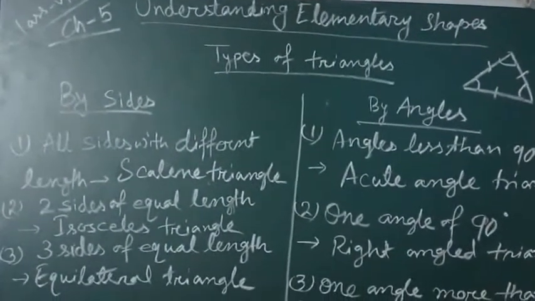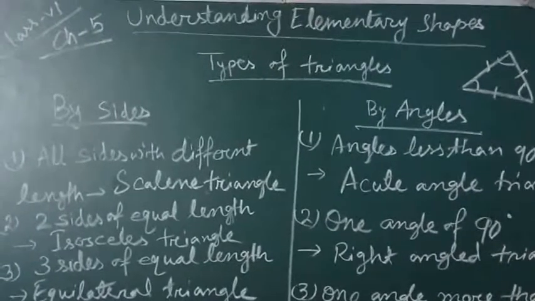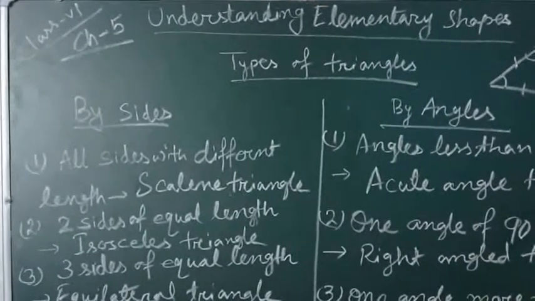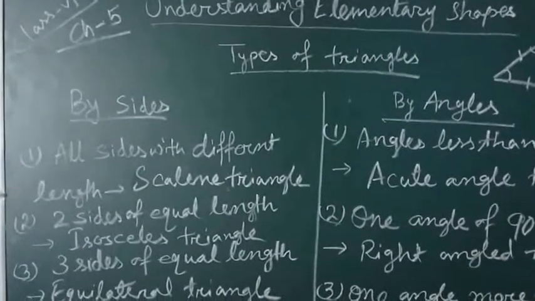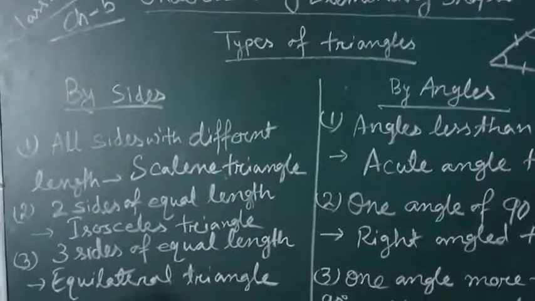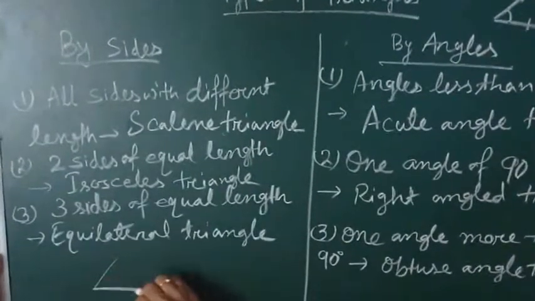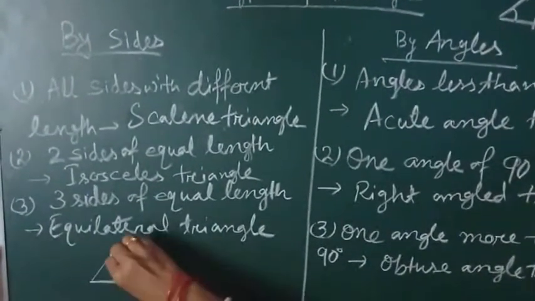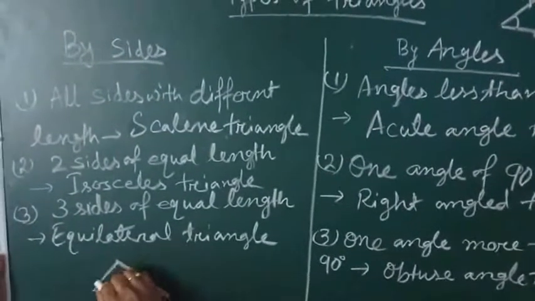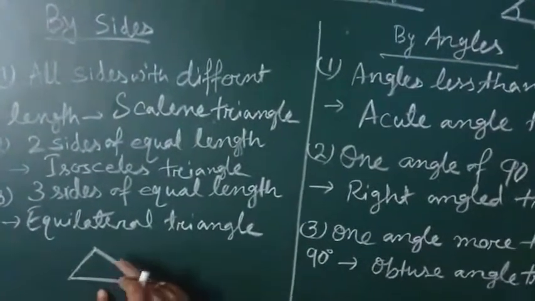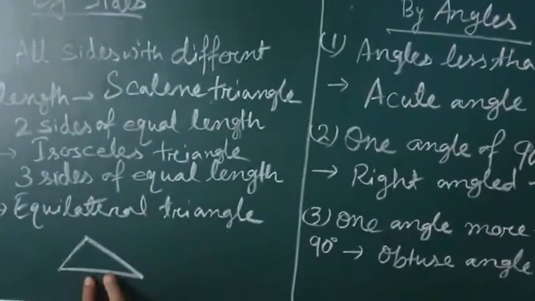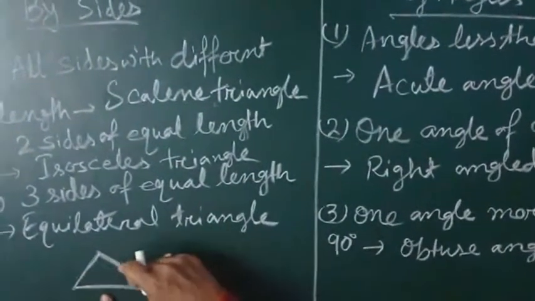By the sides, suppose for a triangle all the sides have different measures. Let me draw one triangle where all the sides are of different measure. You can understand from this rough sketch, all the sides have different lengths. This is the largest one, this is the smallest one, and this is the middle one.